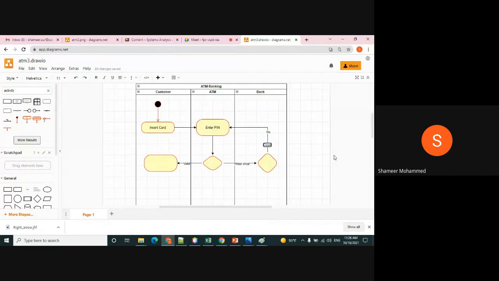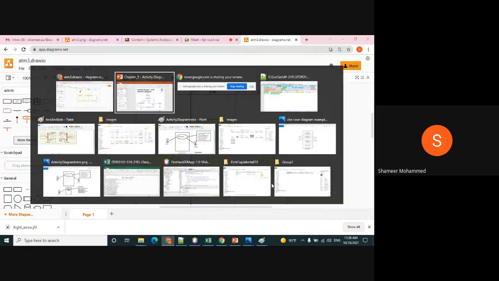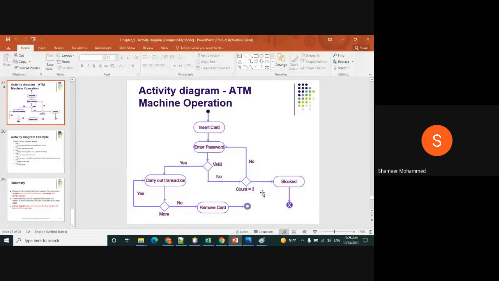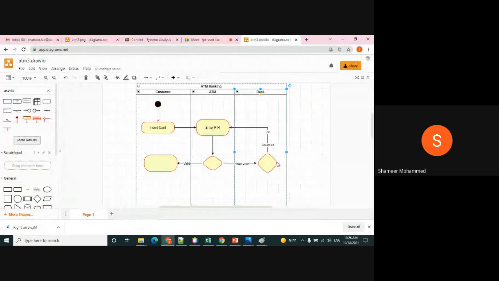Count less than 3. Okay, if count is greater than or equal to 3, then block.